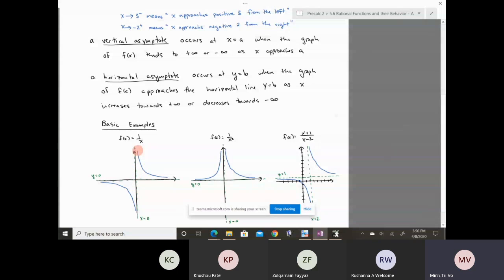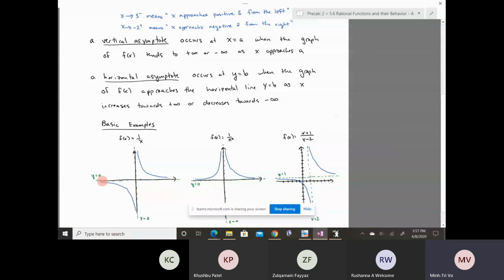Vertical asymptotes are described with an x value, because the y values are changing, but the x value is always equal to 0 here. Similar for horizontal asymptotes, it's bending towards the x-axis here.